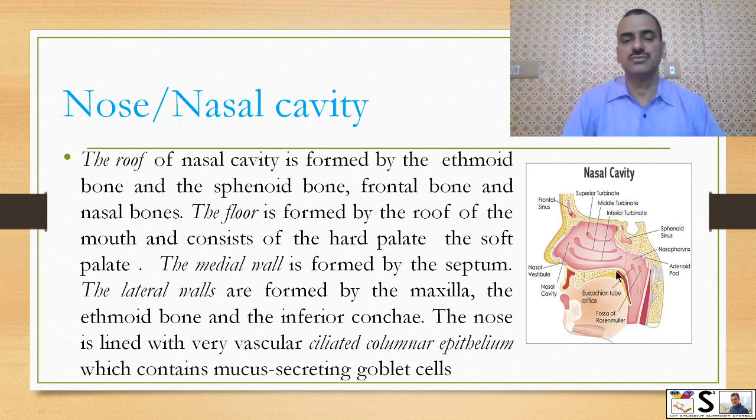The medial wall is formed by the nasal septum and the lateral walls are formed by the maxilla bone, the ethmoid bone and the inferior concha. The nose is lined with very vascular ciliated columnar epithelium which contains mucus secreting goblet cells.